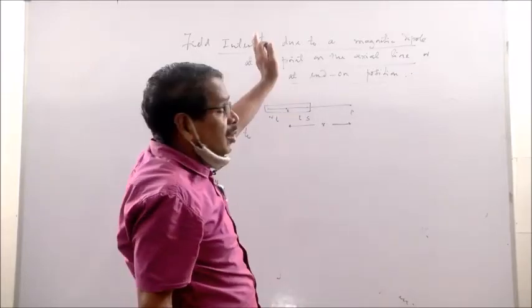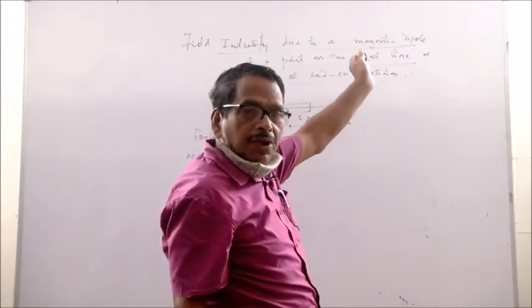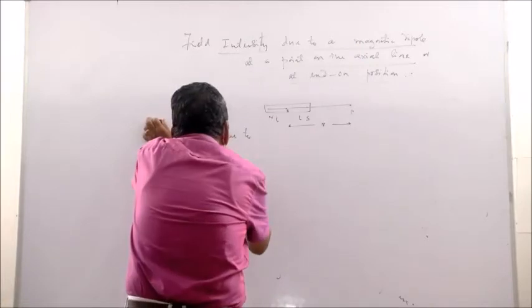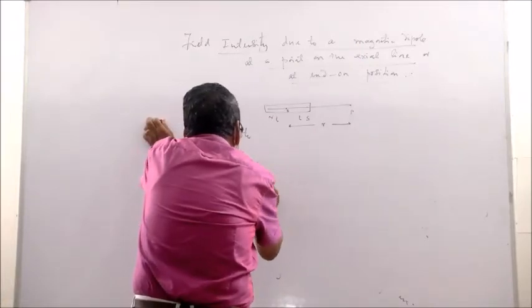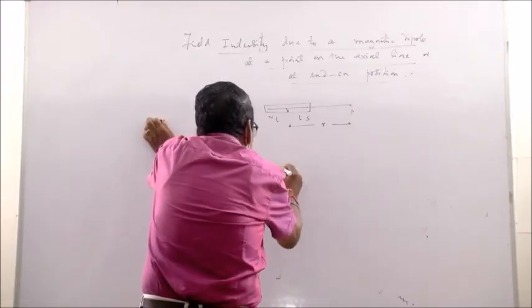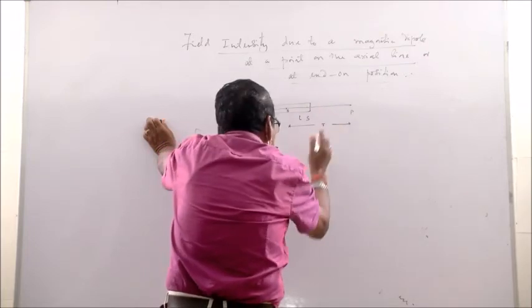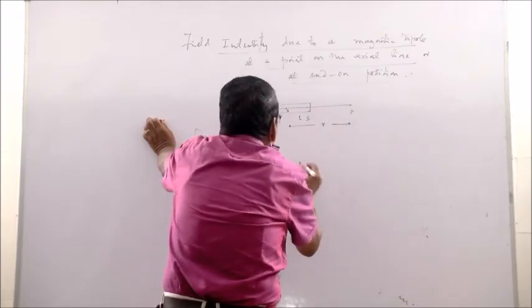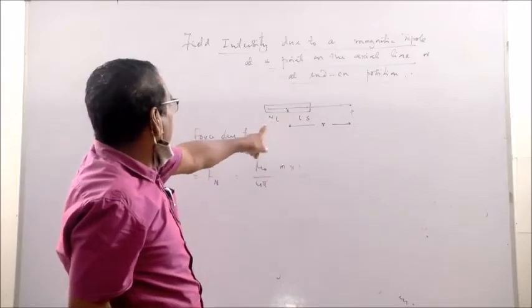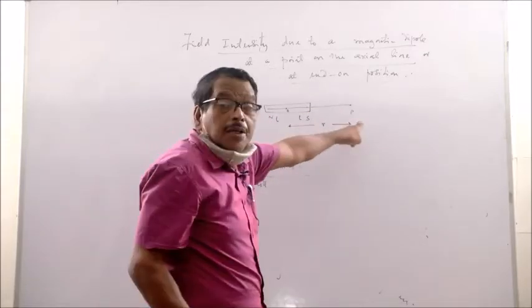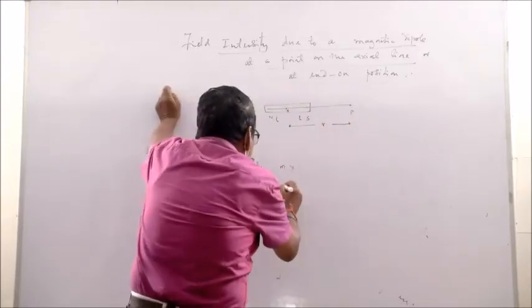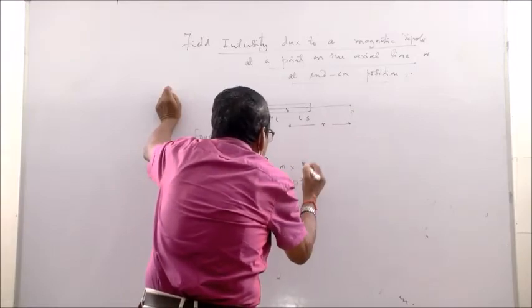According to the inverse square law of magnetism, you can find out the force. So what is that? Mu 0 by 4 pi, the pole strength of the north pole is m, here we have considered a unit north pole, 1, divided by the distance between them squared. What is the distance? NP squared.